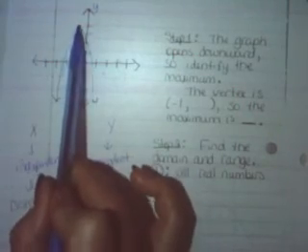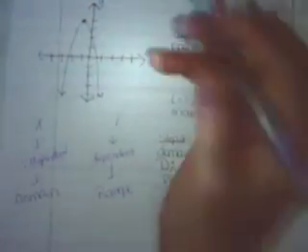I can see the graph opens downward, so I'm going to have a maximum. To find the maximum, I have to identify the vertex. The vertex of this parabola I can see is at -1, 4. Okay, if I'm looking at your y value, I know this parabola is never going to go above 4. So the maximum is 4.